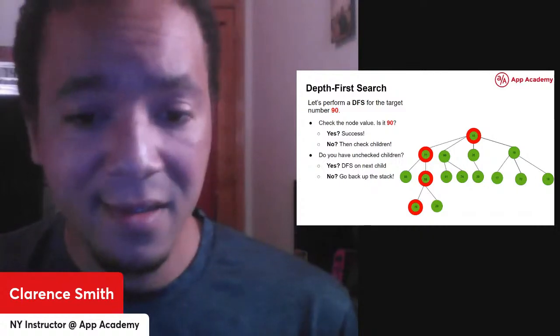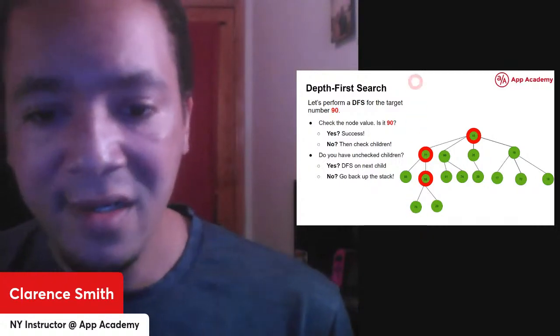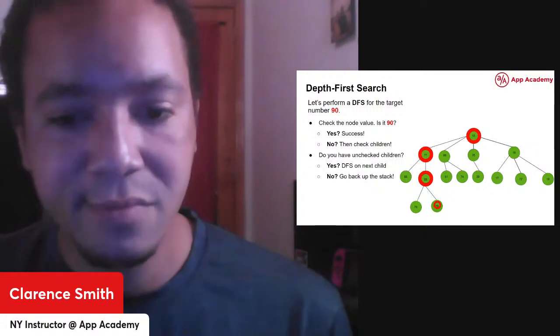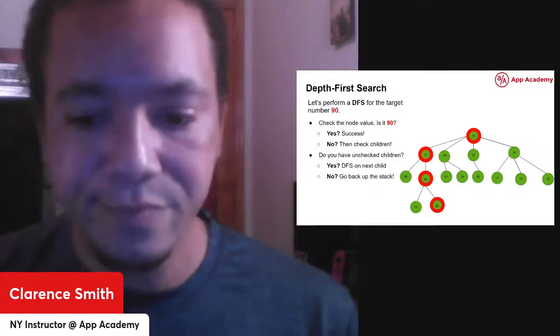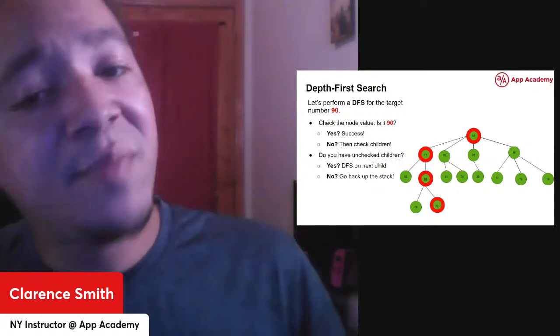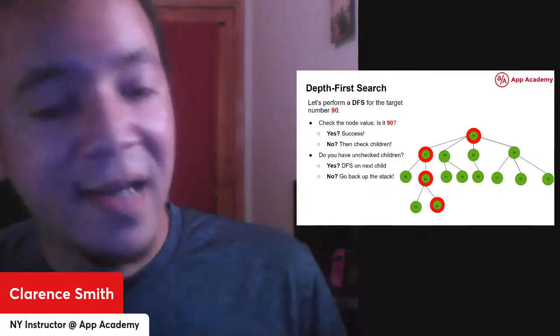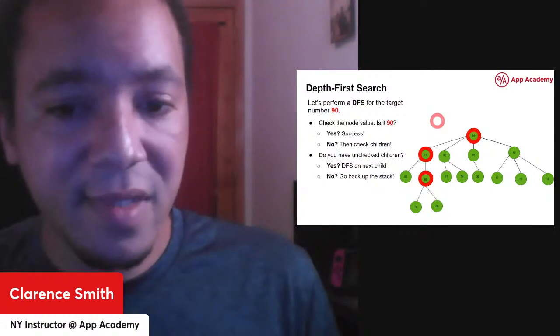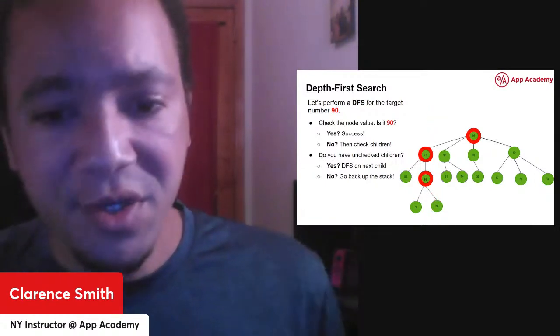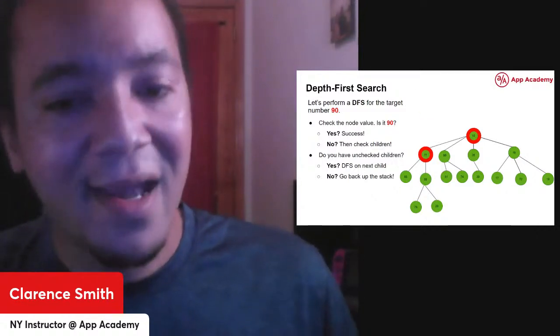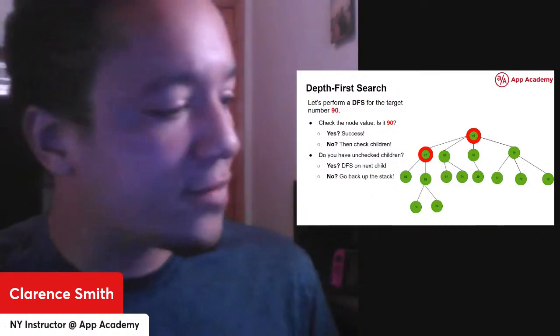As you might have guessed, since 76 has no children, it is removed from the stack. And then we check the number 20. Still not the target. Now here's the special thing. 20 has no children. It is removed from the stack. 98 has checked all of its children. It is removed from the stack. And 77 has checked all of its children.